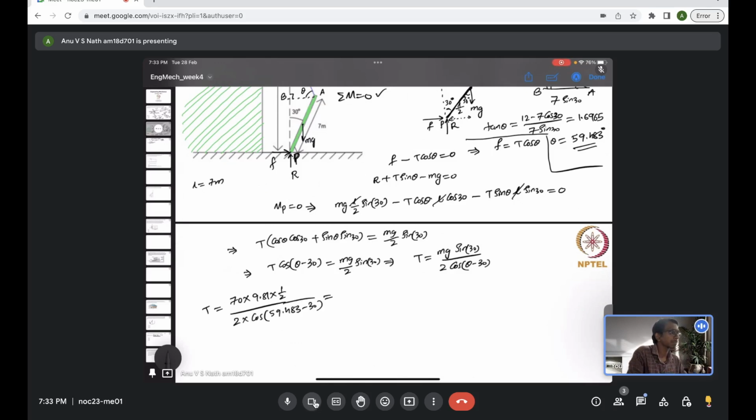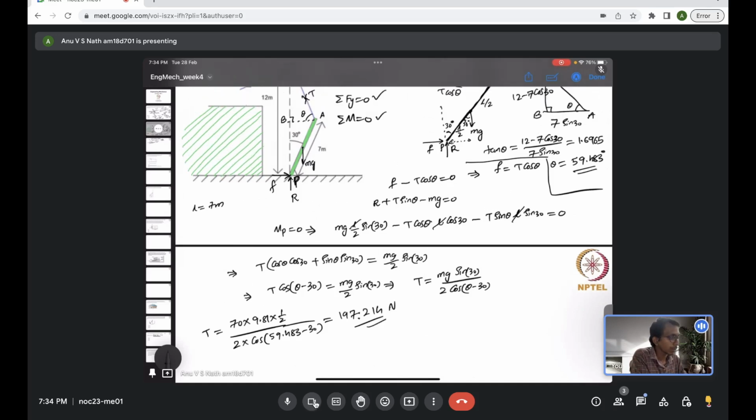So let me evaluate it. So it is 197.214 Newton. So this is the tension along the string.